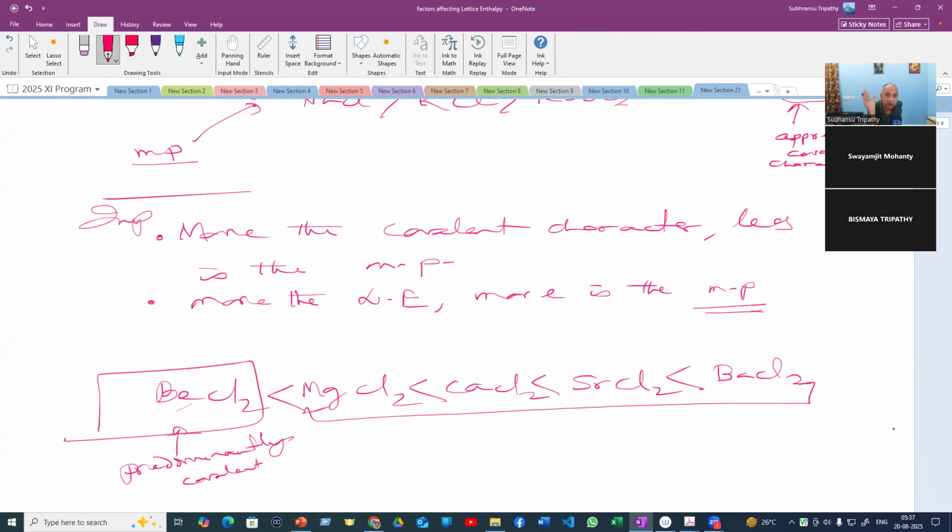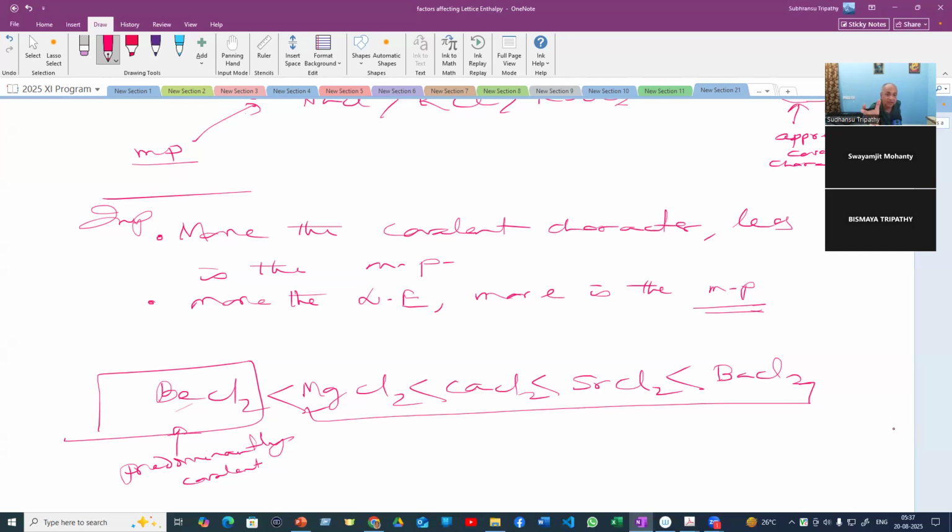Beryllium chloride is soluble in organic solvent like acetone, while lithium chloride has some partial solubility in acetone. Sodium chloride and all other compounds have least solubility in organic solvents. So the test that an ionic-looking compound is more soluble in organic solvent will testify that the compound has predominantly covalent character.